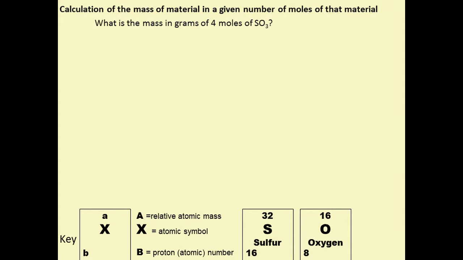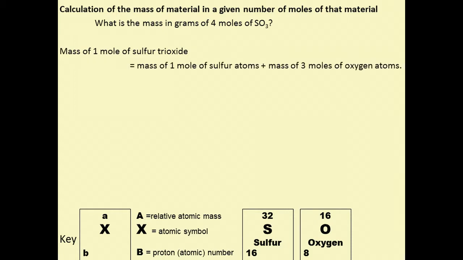So the first question type: what is the mass in grams of 4 moles of sulfur trioxide? Well, the first thing we need to work out is what is the mass of 1 mole of sulfur trioxide? If we look at the formula, it consists of 1 mole of sulfur and 3 moles of oxygen atoms.